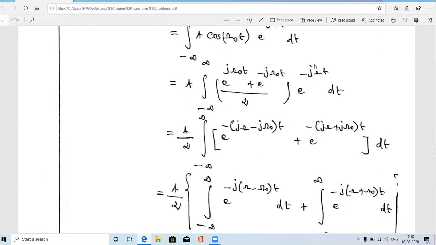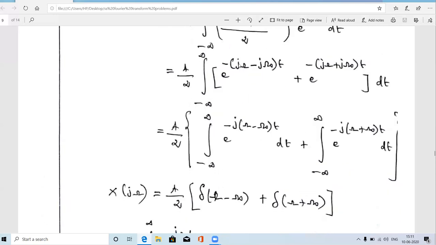In these two terms, which one is common? We take minus j t as common, and write like this. Similarly, you combine the other two terms: e power minus j omega naught t, e power minus j omega t. The base is the same, so we have to add the powers. If we add, we will get e power minus j omega plus j omega naught t into dt.